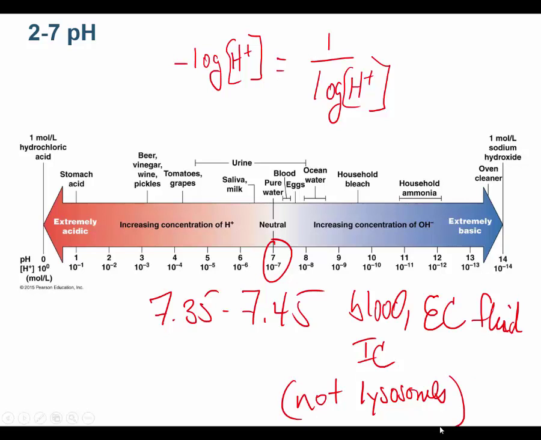But most of the fluid in your body is 7.35 to 7.45. There is one exception, that's the lysosomes. They are these acidic organelles we'll talk about in the next chapter. Having said that the normal body pH is 7.35 to 7.45, I'm telling you that normal body pH is slightly alkaline, just slightly basic.